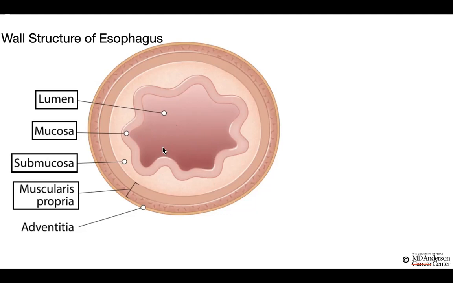And this muscular layer is responsible for the contractions of the esophagus in the lower esophagus that leads to involuntary, smooth, coordinated contraction that propels the food down, otherwise known as peristaltic action. The outer layer is called the adventitia, that connects the esophagus to the surrounding structures and anchors it in place.